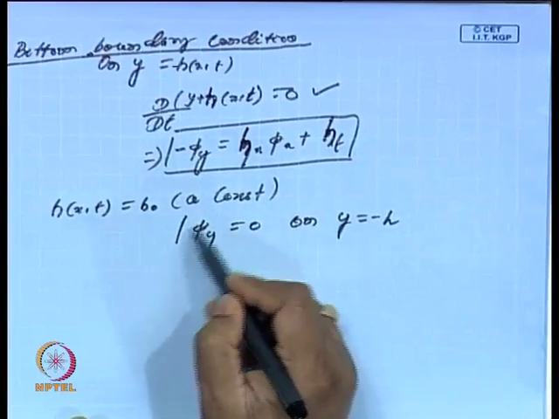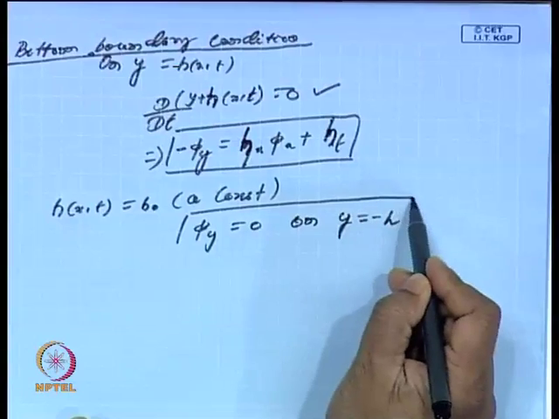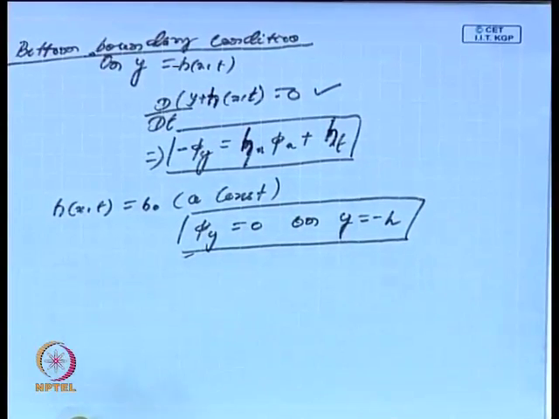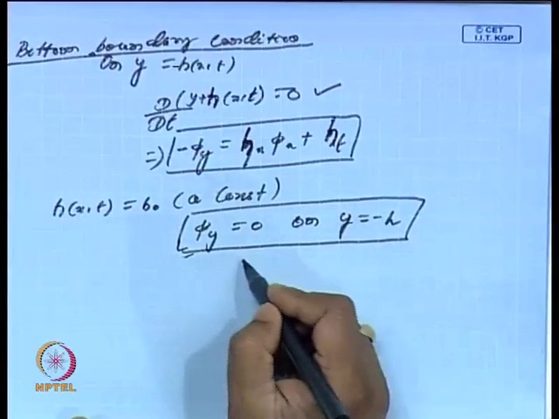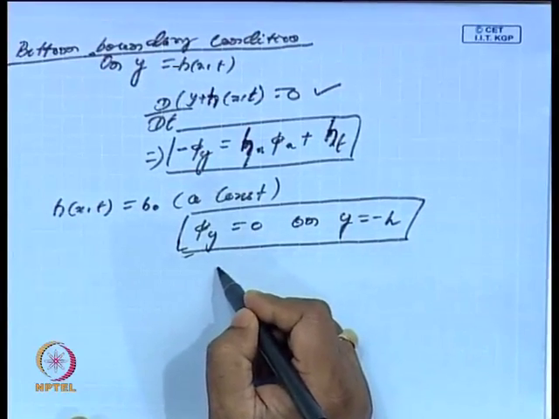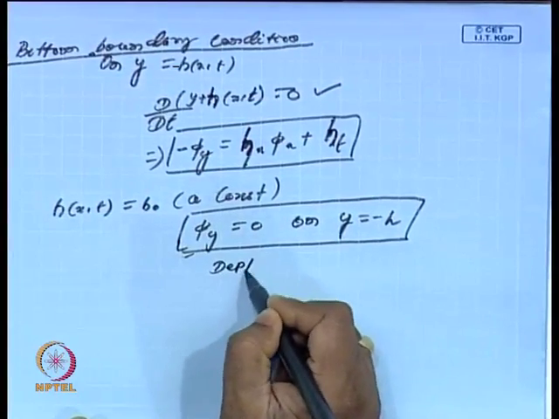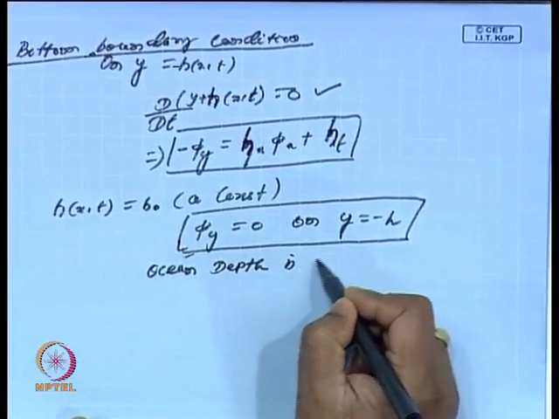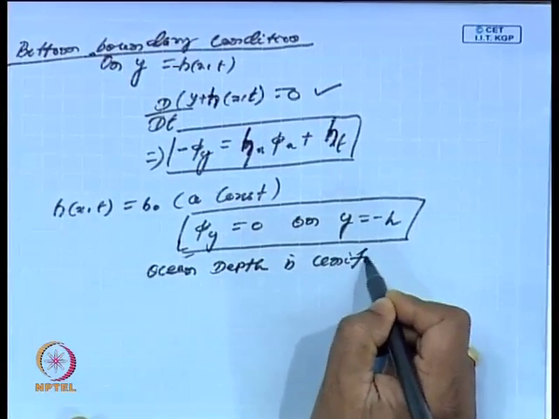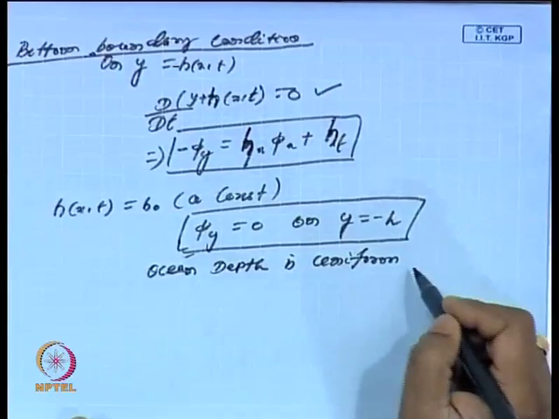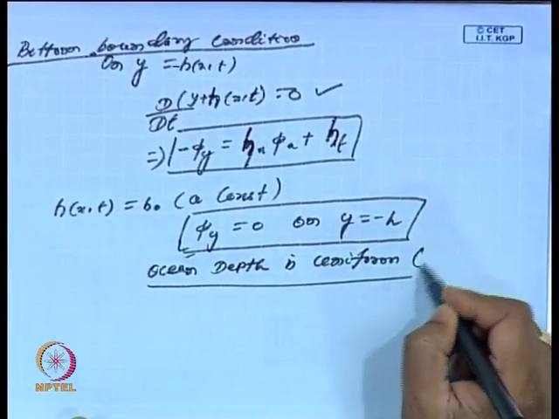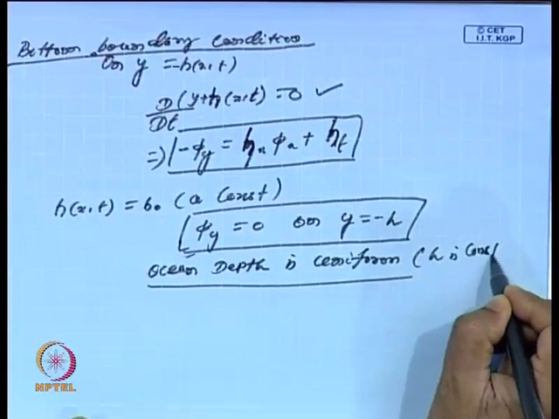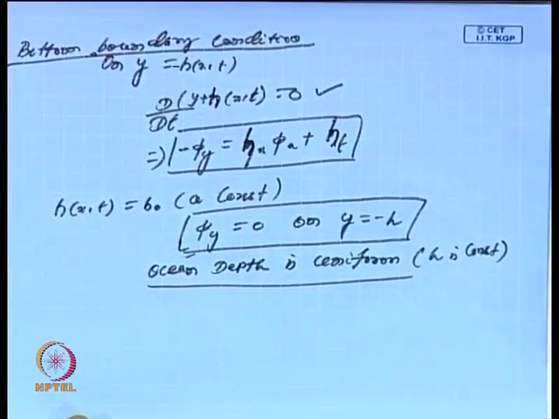This is the simplest bottom boundary condition we can have, assuming that the ocean depth is uniform. So, h is constant. Now, this is the bottom boundary condition.